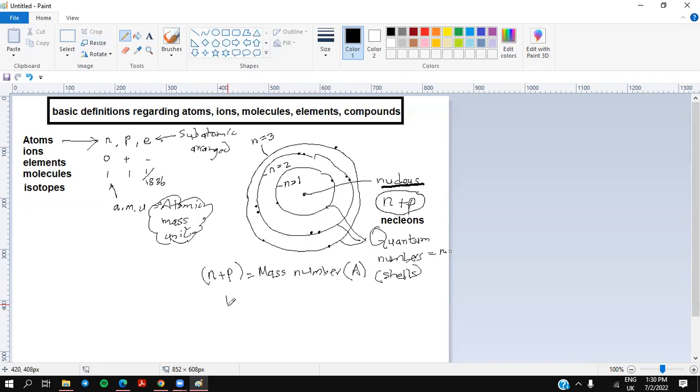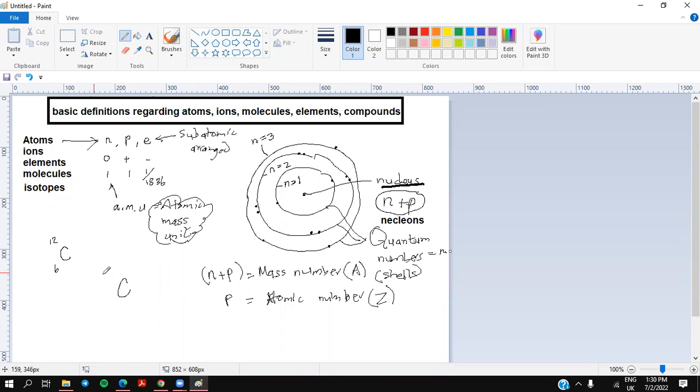And then the number of protons, we can say atomic number. Atomic number is shown using the symbol Z. When you take an element in the periodic table, for example, carbon, there are two numbers with carbon, 12 and 6.